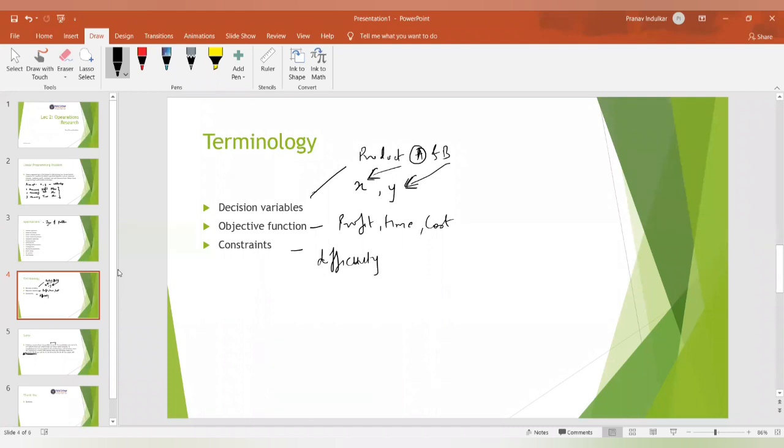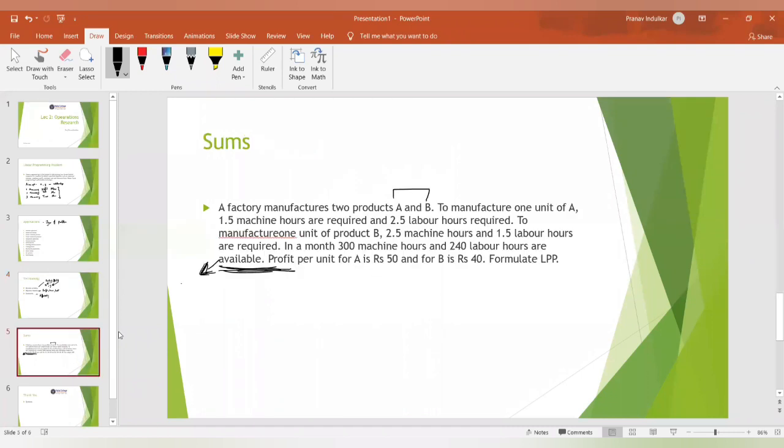Is there any difficulty in the question or problem? There is a difficulty for 300 and 240. Yes, 300 and 240 are the limits: you can only do the work up to 300 machine hours and 240 labor hours.